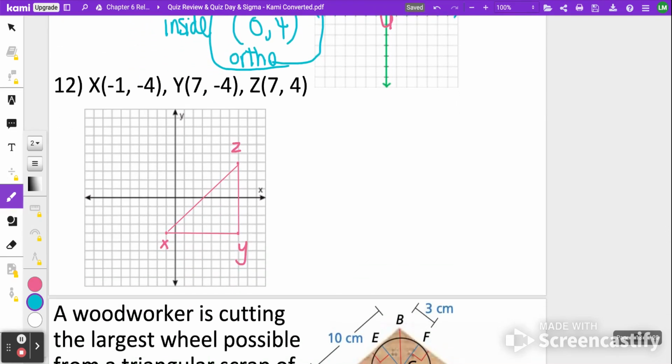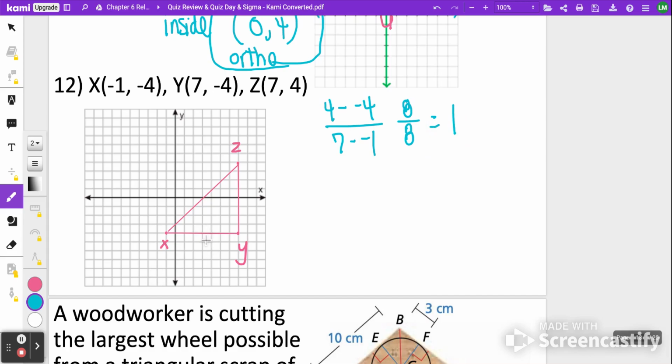So looking at this one, again, we want to find that perpendicular slope to one of the lines. I'm going to maybe try XZ. So the XZ, 4 minus negative 4 and 7 minus negative 1. That'd be 8 over 8, which is equal to 1.